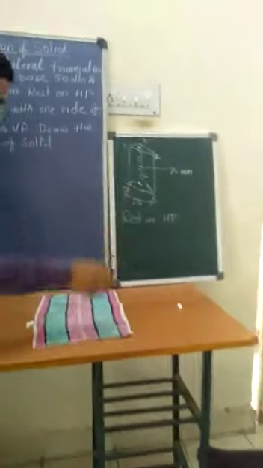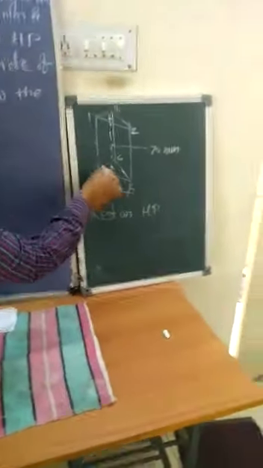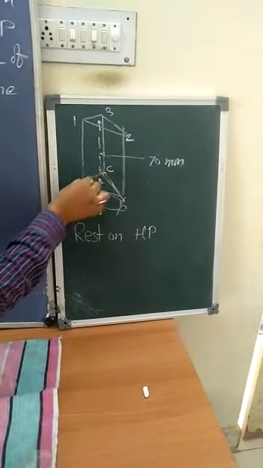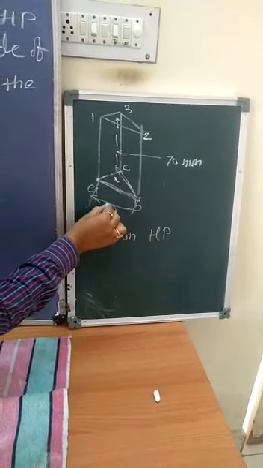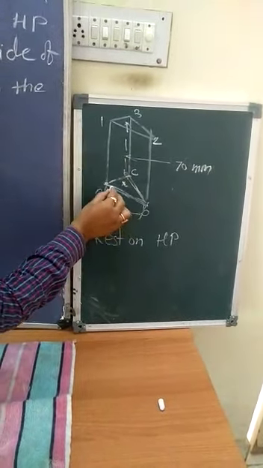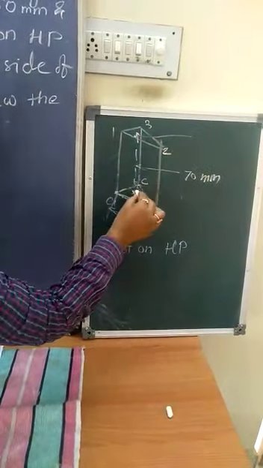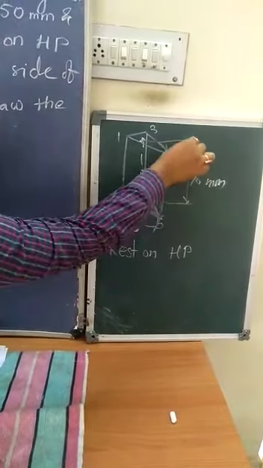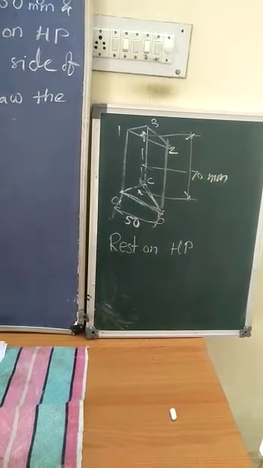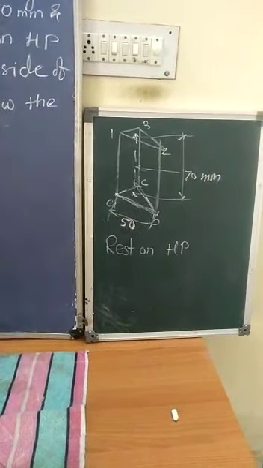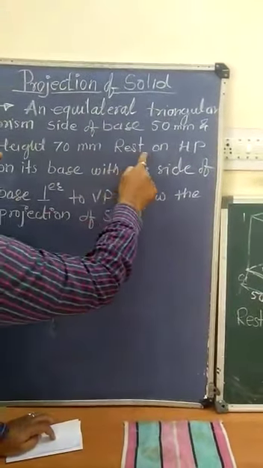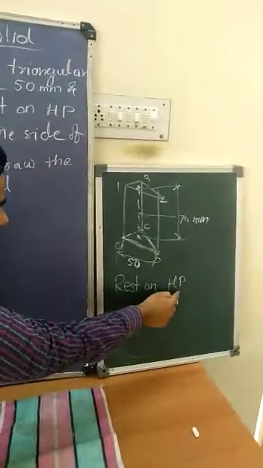The base side is 50 mm, and the axial height, that means the height of the solid, is 70 mm. Again, coming to the problem, rest on HP.